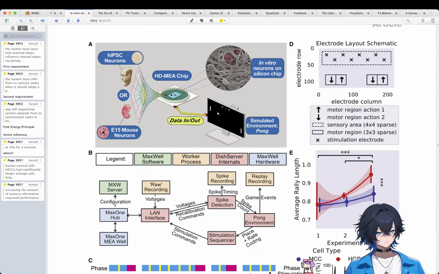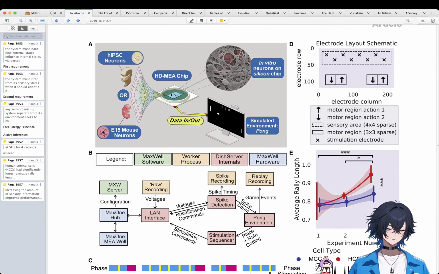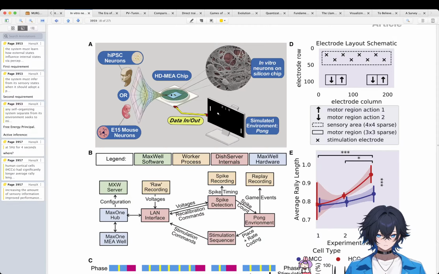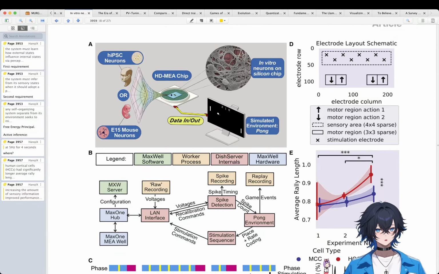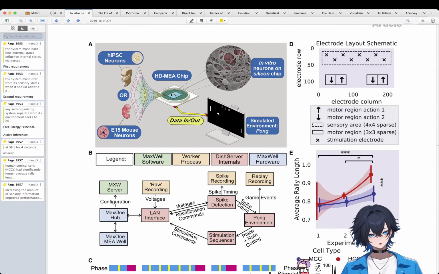Okay, there's 2 of them. Interesting. And there's a sensory area. Okay, and the sensory area, I suppose, is tracking the Y position of the ball. Okay. And there's a bunch of stimulation electrodes. Okay. That kind of makes sense, I suppose.